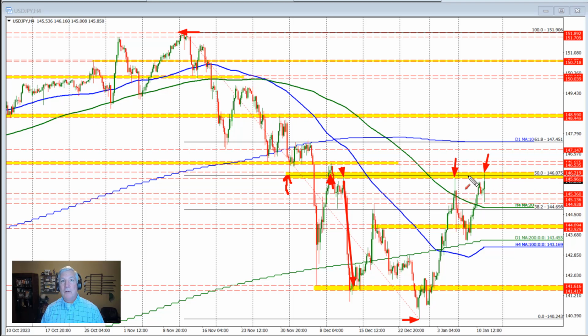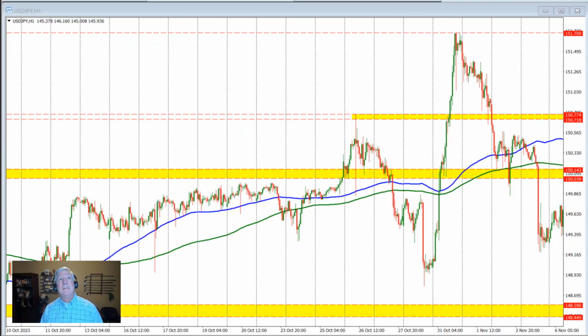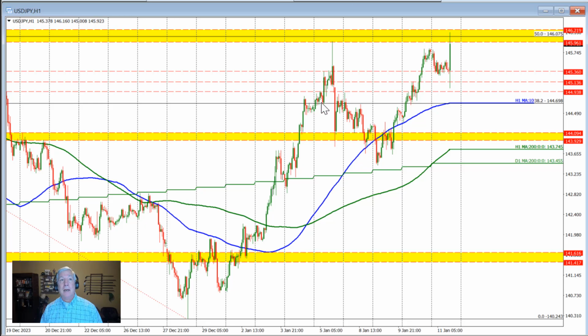So we are back below this level, but we went and tested it. And the inability to move above that level, the sellers against the 50% or near the 50% retracement, give the sellers a little bit more, or some, hope. Let's just say that. But the dollar versus yen has certainly been more bullish of late, and you could certainly see that on the hourly chart.